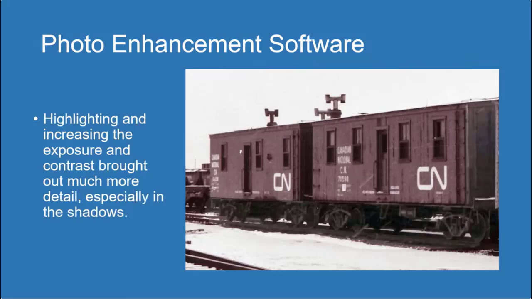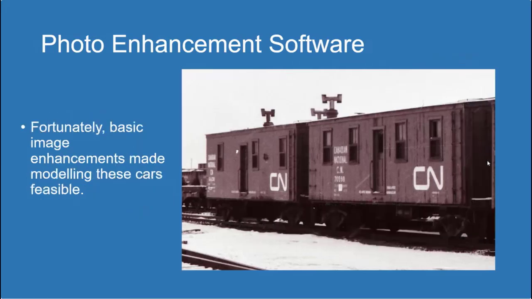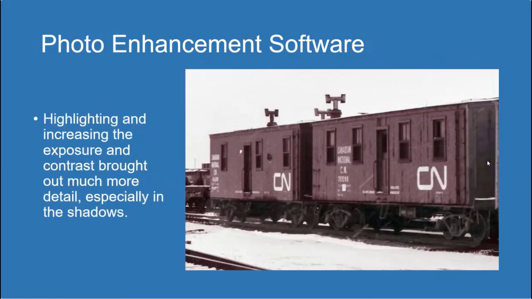And I've also started increasing the exposure, and you can see how the ends are starting to appear. Like this ladder, which over here is almost hidden, is now visible. And you'd be amazed at what detail you can pull out of less than ideal photos using photo software.